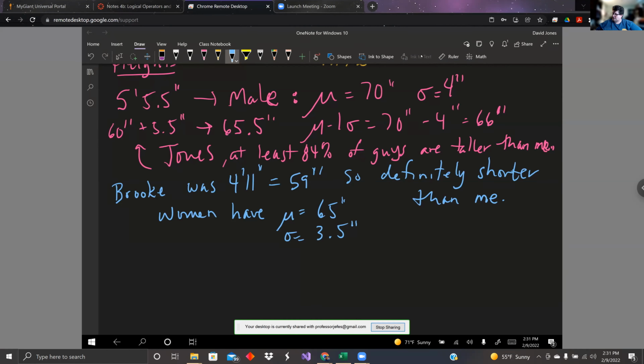So the question is, am I shorter among men than Brooke is shorter among women or girls?